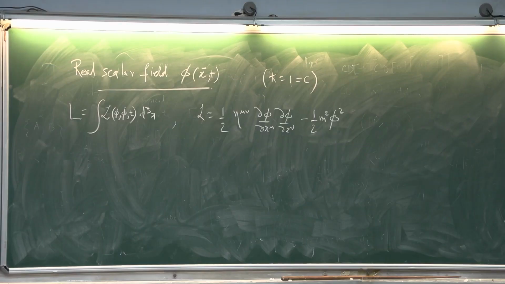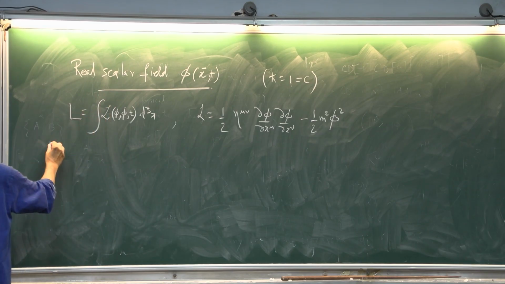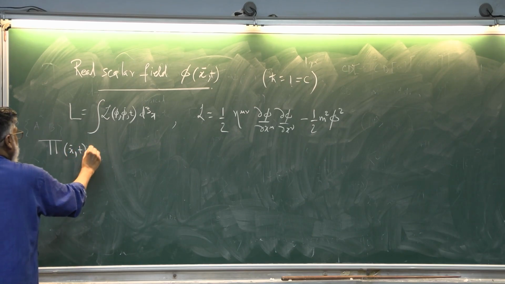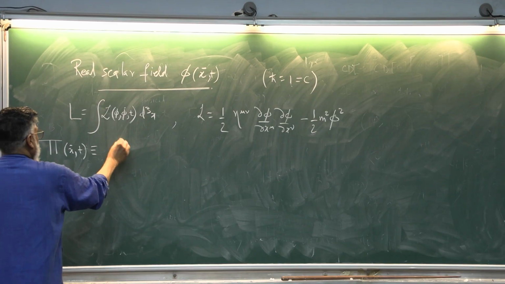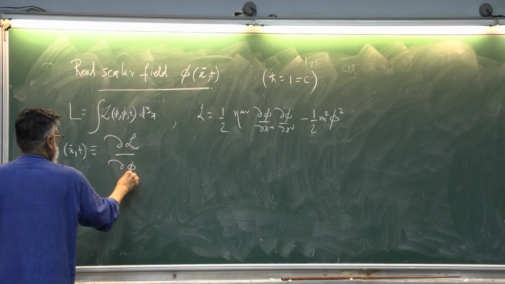For the Hamiltonian, first of all, I have to have the notion of canonical momentum. There the canonical momentum P was del L by del x dot. Here, instead of x, the degrees of freedom are the phi. So the canonical momentum pi, which is a function of x and t, by definition is the derivative of the Lagrangian density with respect to phi dot.